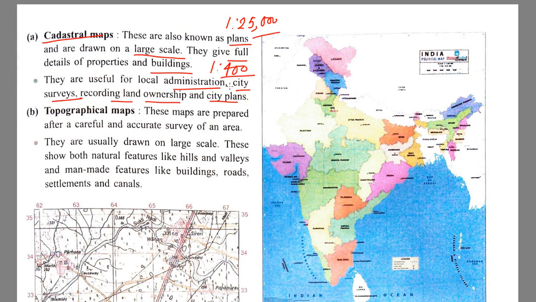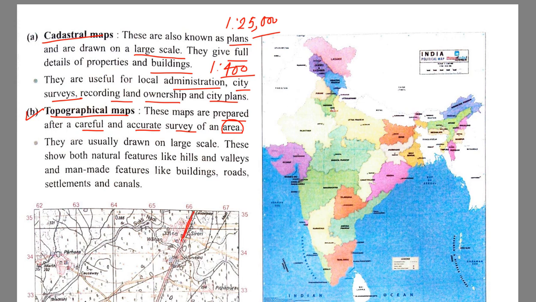Next, another type of large scale maps, topographical maps. These maps are prepared after a careful and accurate survey of an area. So in the topographical map, you can see one part of a topographical map is available, and here also you can get all the details, like this showing us the roads, this is the river, and these are the tributaries of the river.